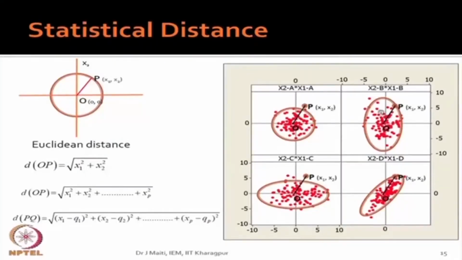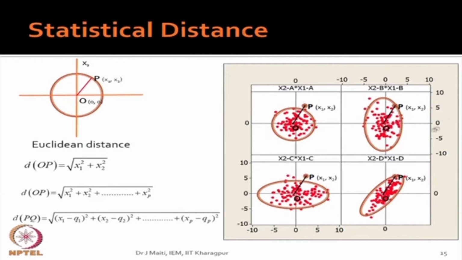Can you tell me the difference between this figure vis-a-vis this figure? Suppose this is quadrant 1, quadrant 2, quadrant 3, quadrant 4. In quadrant 1 and quadrant 3, the variability along the x axis is less than the variability along the y axis.